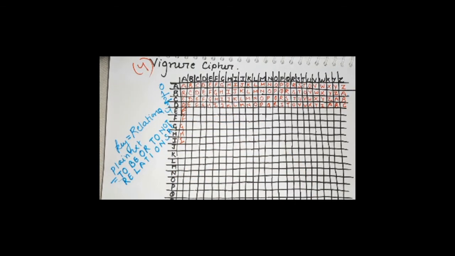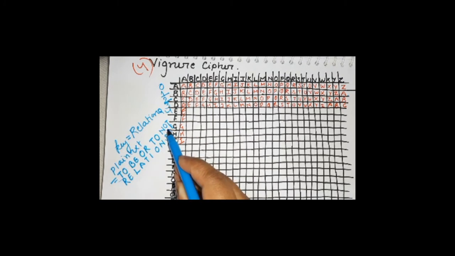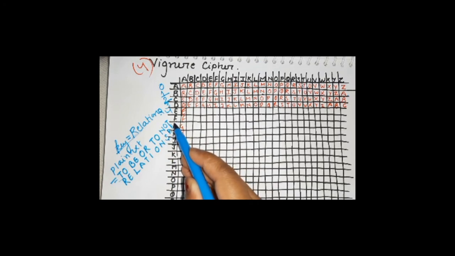I hope you can understand. Please have a look. I've chosen the plain text as to be or to not, and what you will be doing is picking up the keyword and writing it beneath the plain text like this. Once you finish the keyword, you repeat the keyword again up till the end of the plain text.